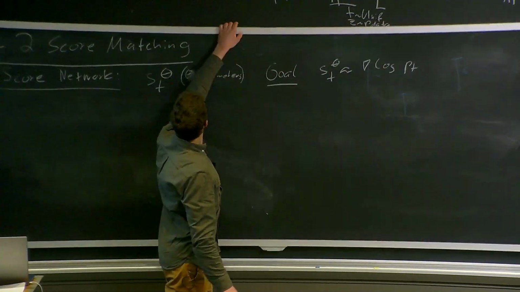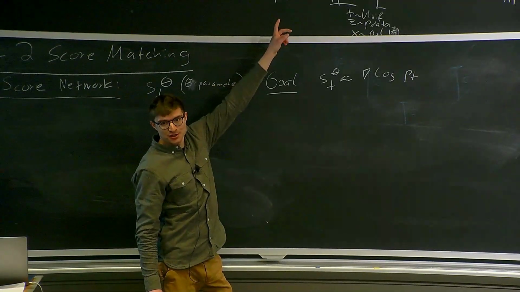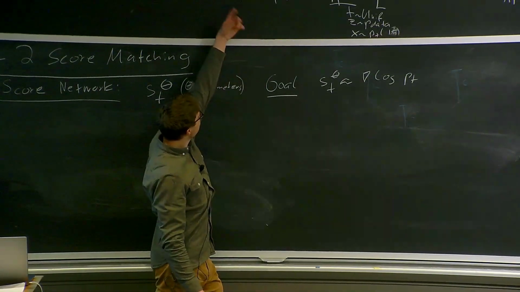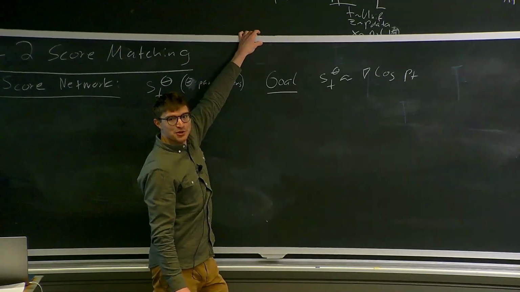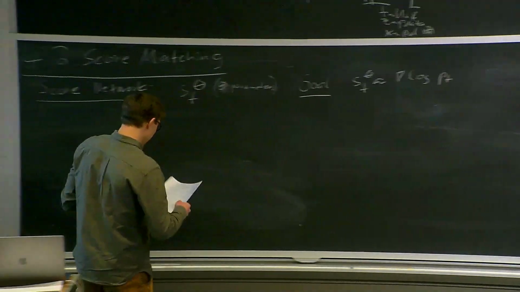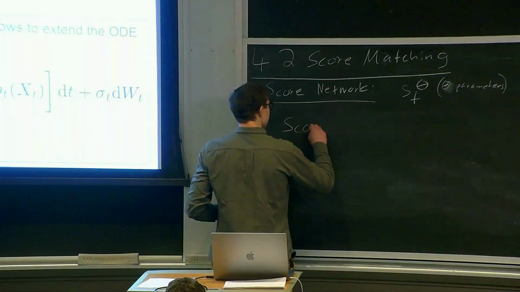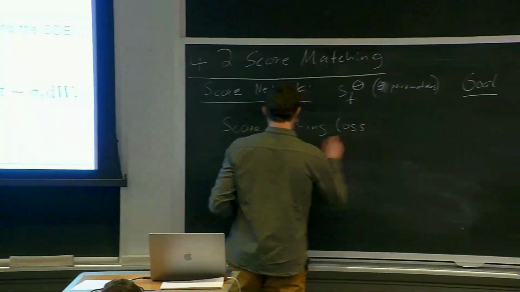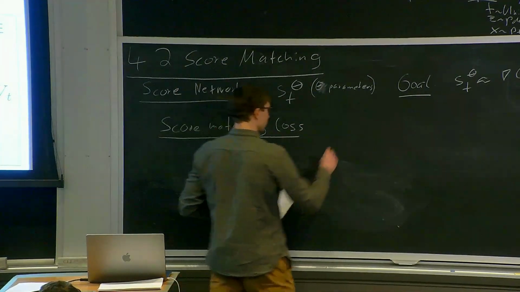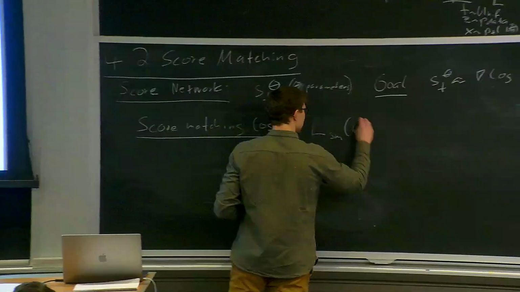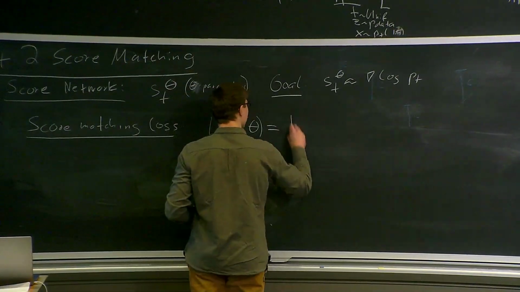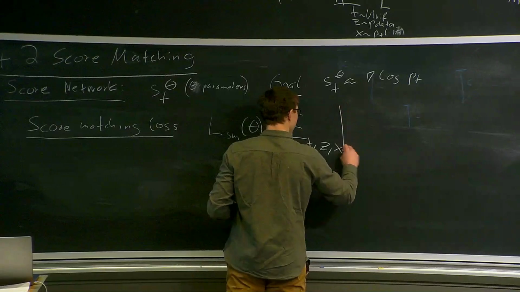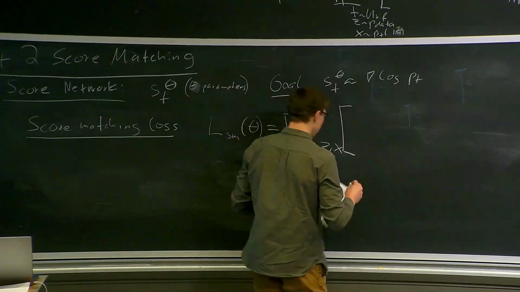The same trade-offs hold. We have a marginal loss and a conditional loss. Now I'm going to do the same exercise again. I'm going to define a marginal loss and a conditional loss, and I'm going to show you that they are the same up to a constant. Let's make this specific. The score matching loss: we sample t, set x in the same way as before, so I'm not going to write this down because it's a bit long to write.